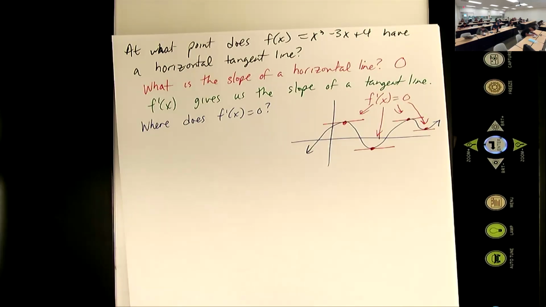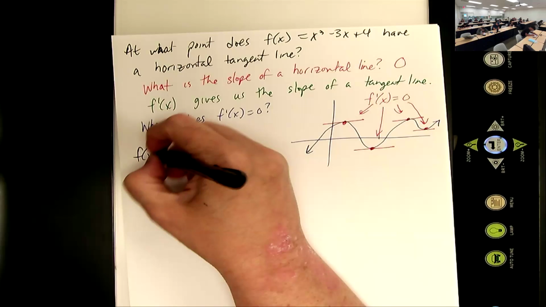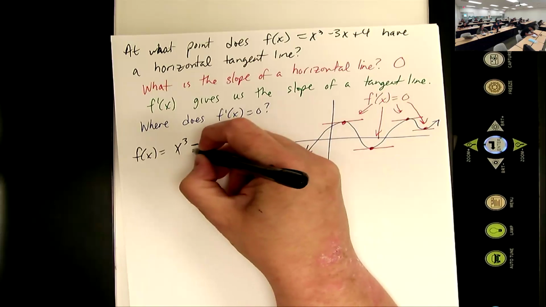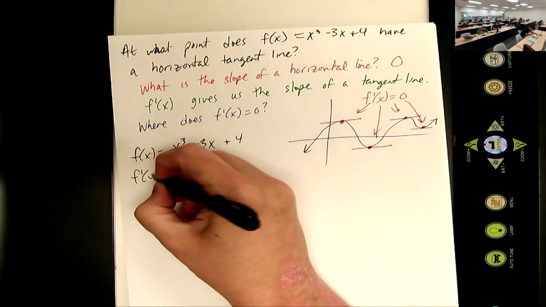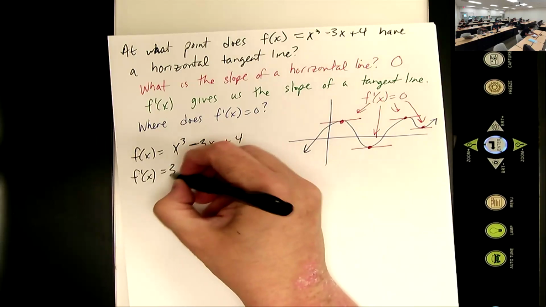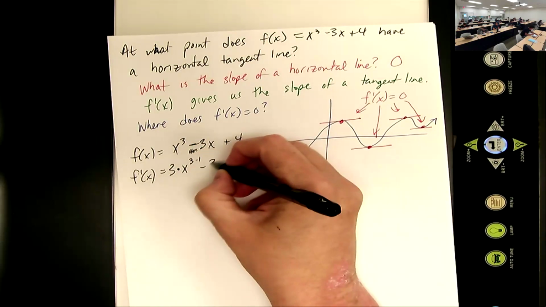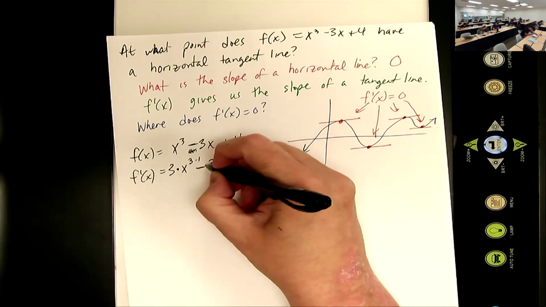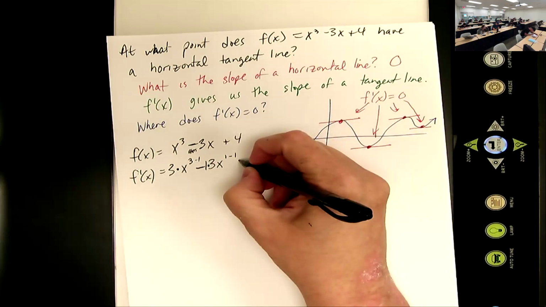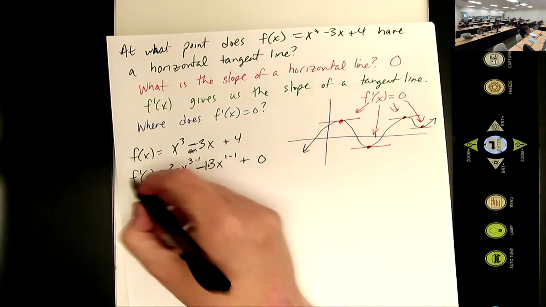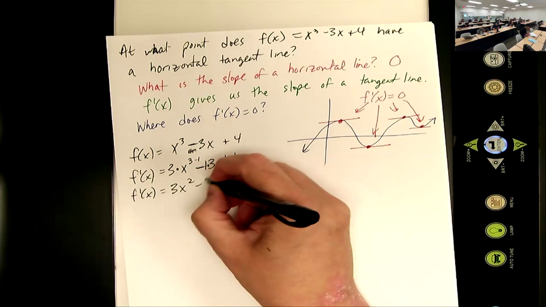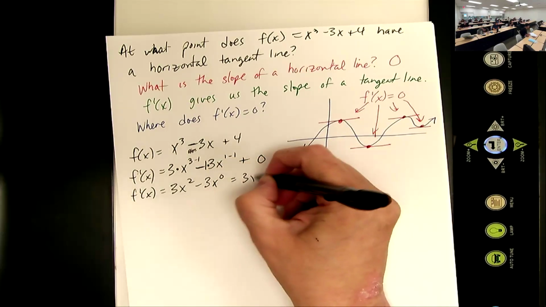So what is the derivative of f of x? f prime of x equals 3x squared minus 3x to the 0, which is 3x squared minus 3.